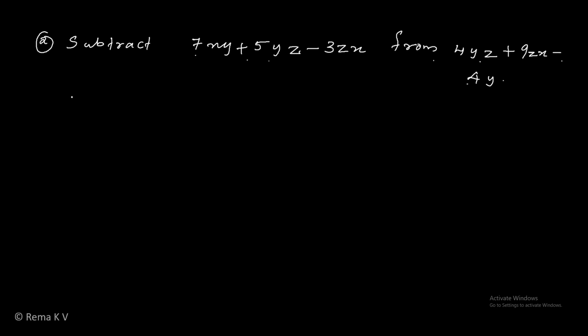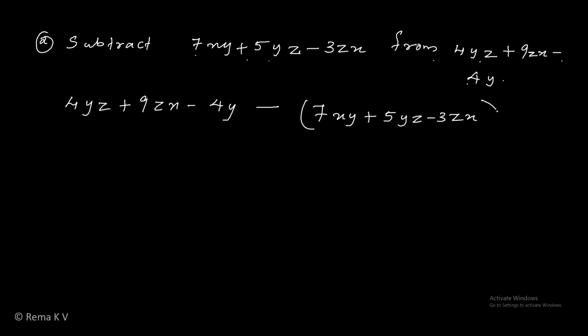So first we have to write 4yz plus 9zx minus 4y. Then subtract. From this expression, you have to subtract 7xy plus 5yz minus 3zx.